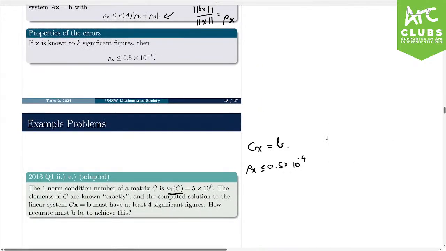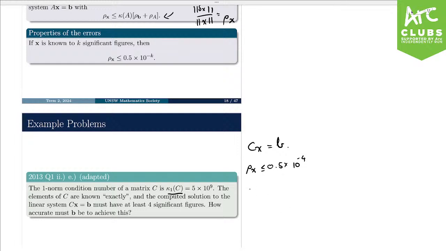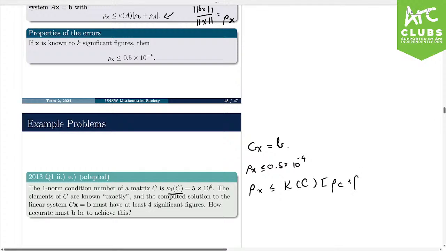So using this formula we have here, we have rho of x is less than kappa of C times rho of C plus rho of b.